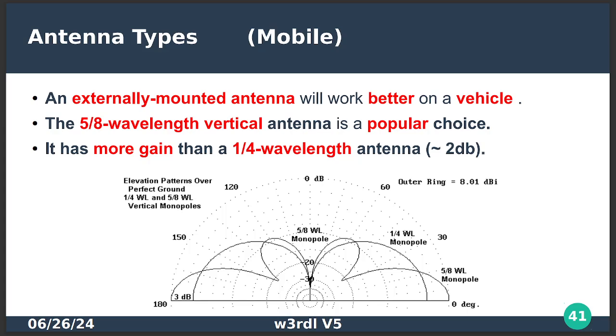Is yours 5/8, Bob, or is that a half? Yeah. The 5/8 wavelength vertical antenna is a popular choice. It has more gain than a quarter wavelength, which is what mine is. So roughly 2 dB greater gain over a quarter wavelength.